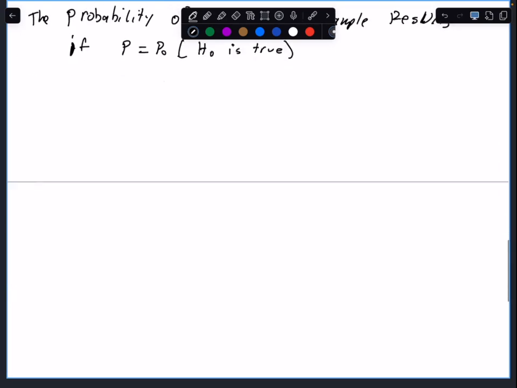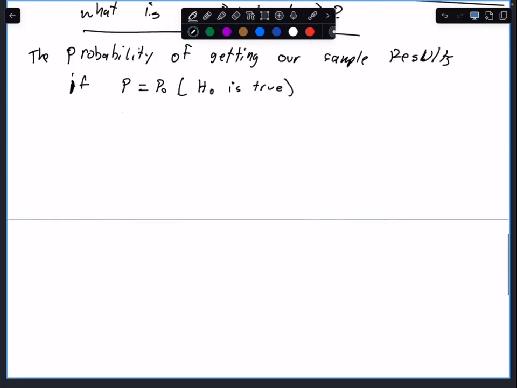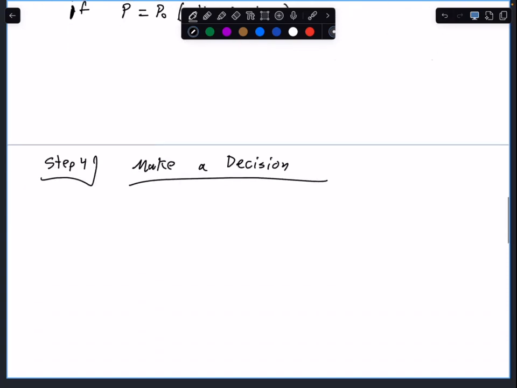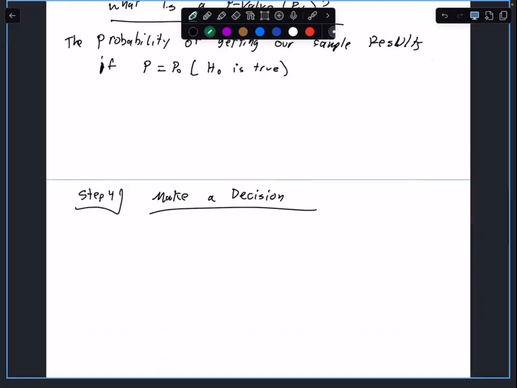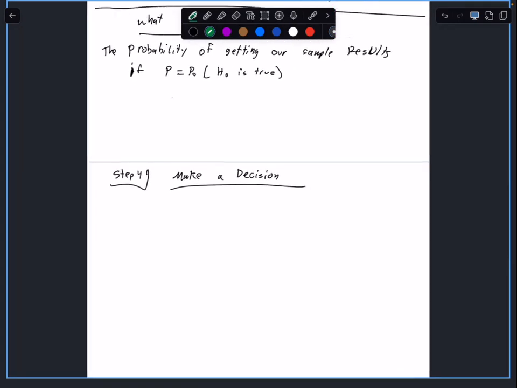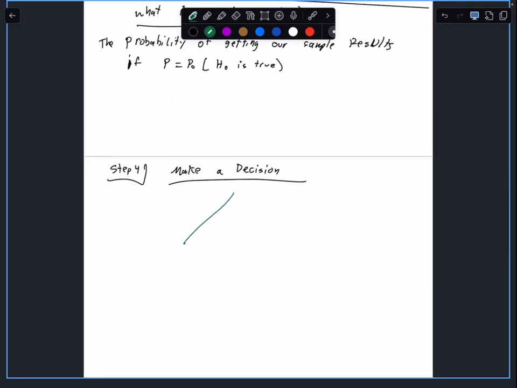All right. Step 4. Told you, big day. Make a decision. When we make a decision, there are only 2 decisions that can happen. 1, we decide to reject the null hypothesis.